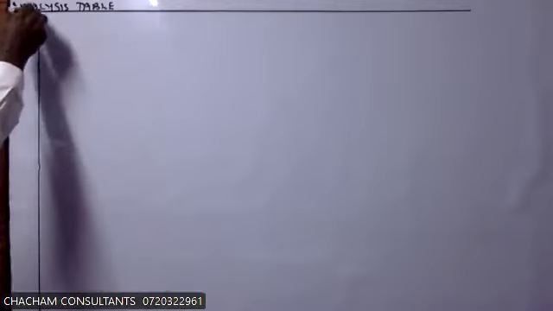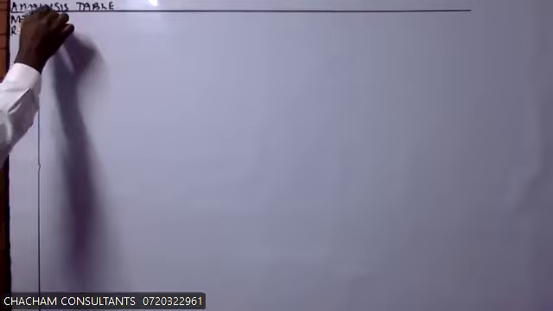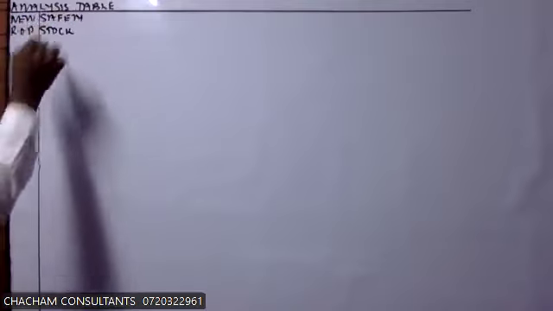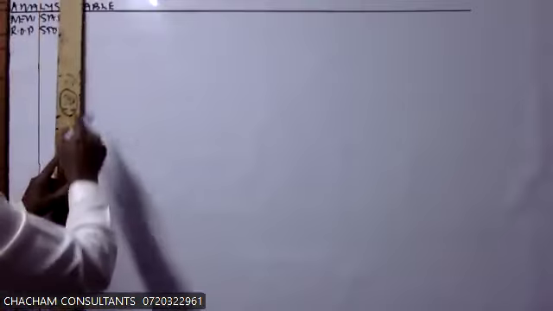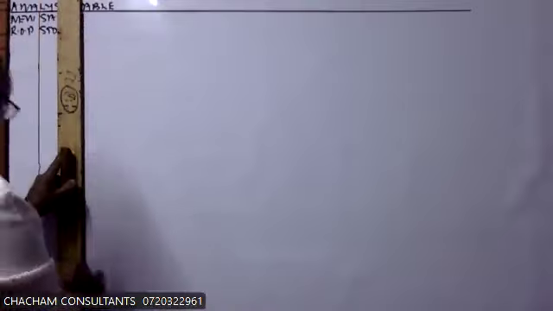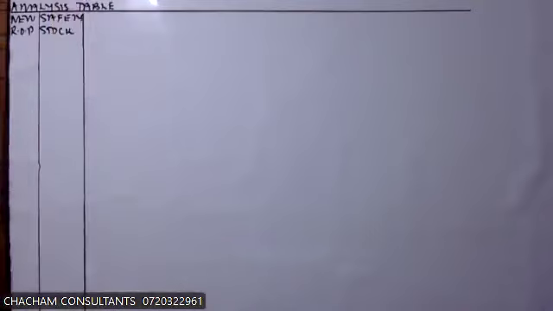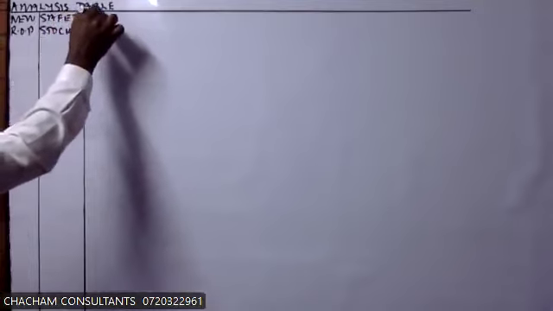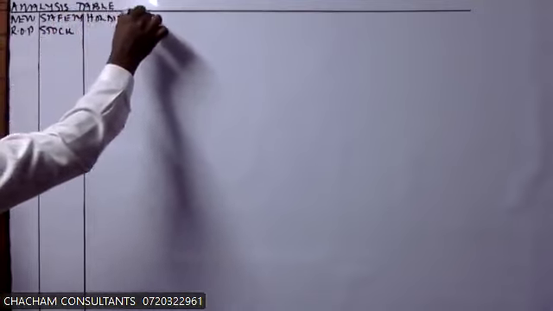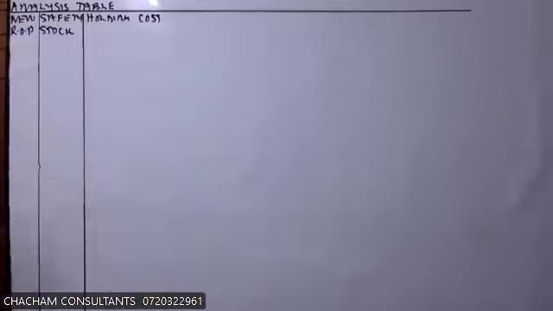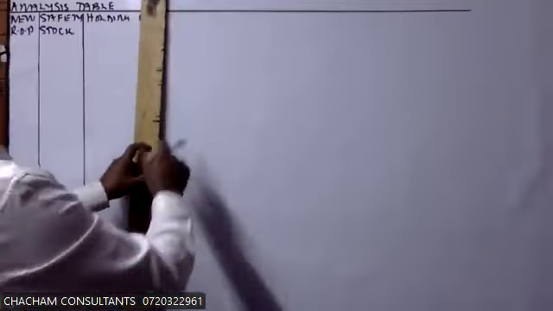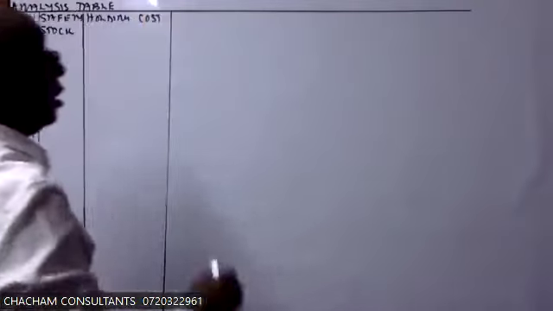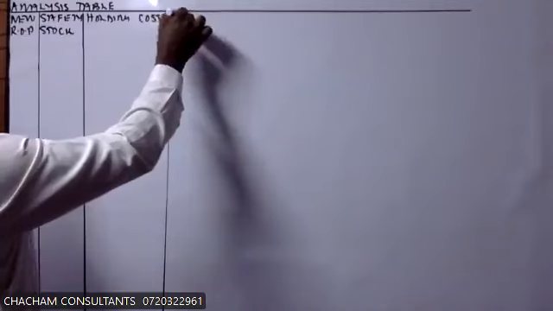Then we bring safety stock. There's also a small column, just the units. Then we bring holding costs. It's a little bit wide, though not very wide. Then the widest is shortage costs.